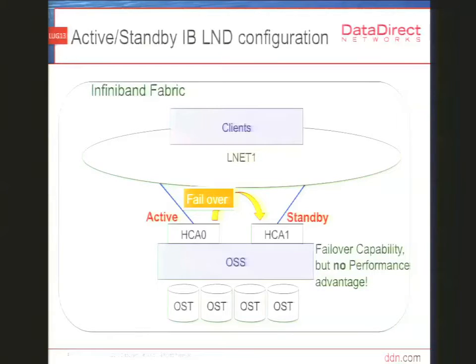Lustre OSSs usually have 2 HCAs for redundancy, running in active-standby mode. We create a bond interface using the 2 interfaces, and then create the Lustre network with the Infiniband network driver using the bond interface for IP over IB. When a client accesses the OST, the client uses the active path, but once the active path fails for a hardware reason, the bonding driver tries to fail over by selecting the slave interface.